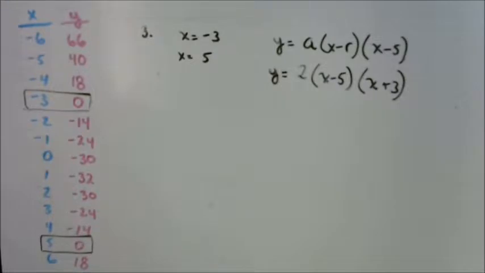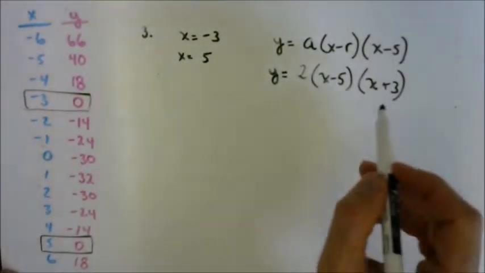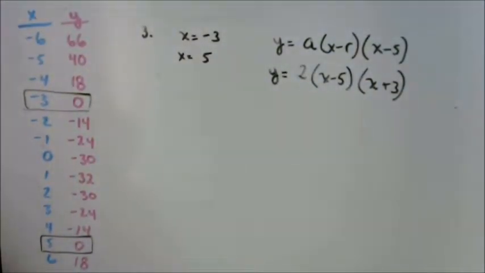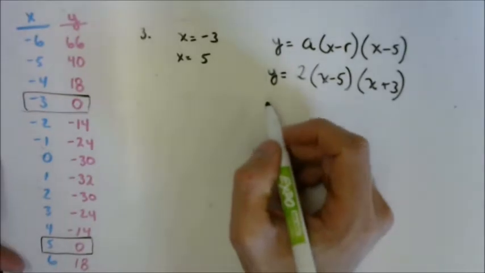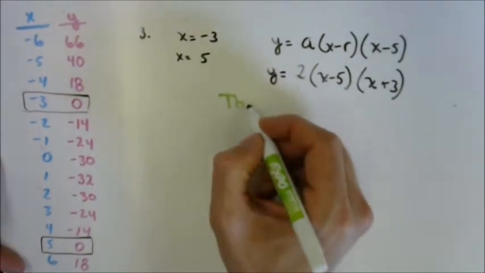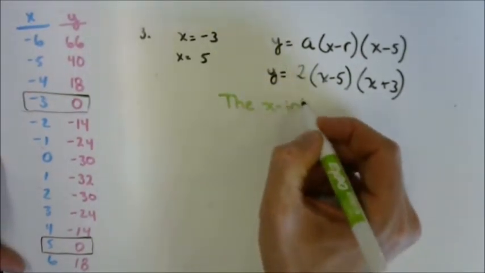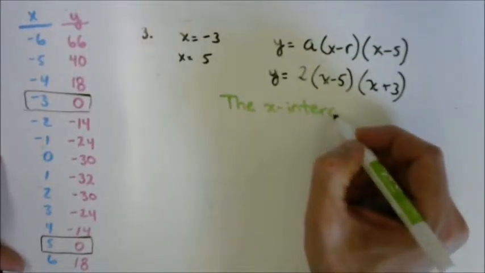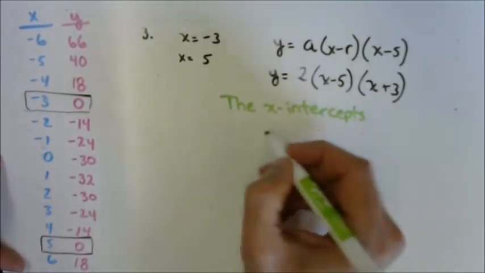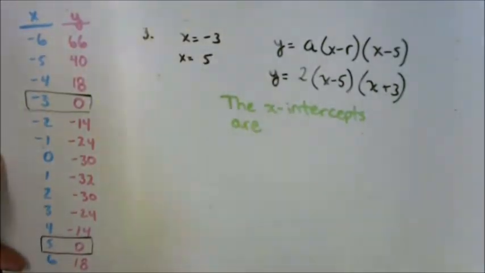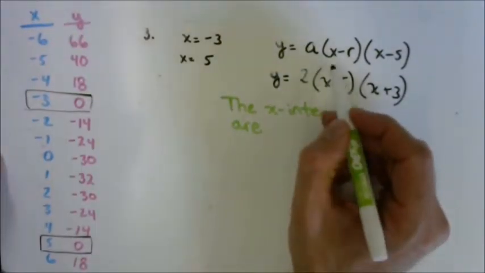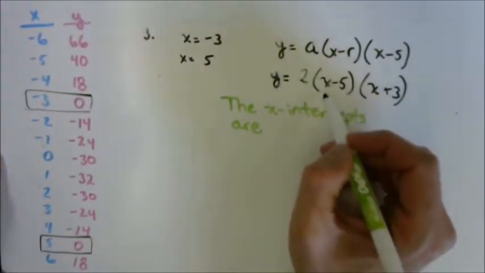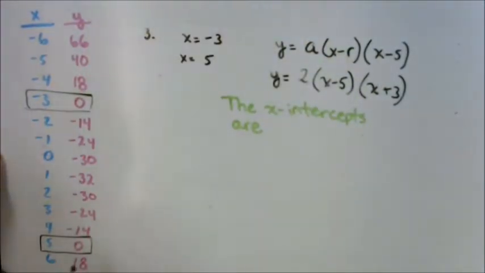What can you say about the x-intercepts given this information? I'll give you a hint. The sentence starts with the x-intercepts are. What are they? Look at this. x minus r. x minus 5. x-intercept 5.